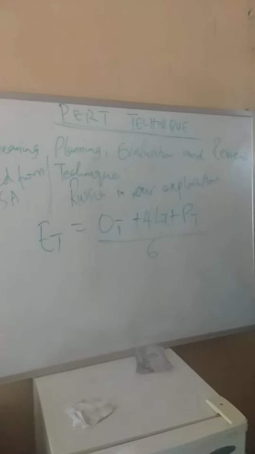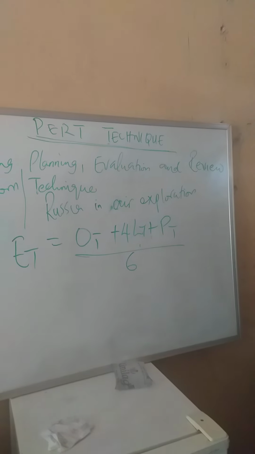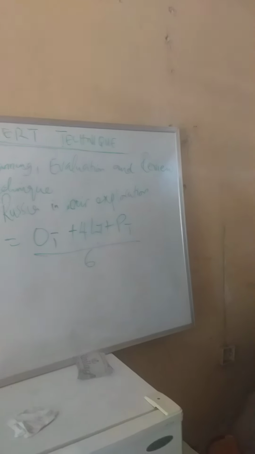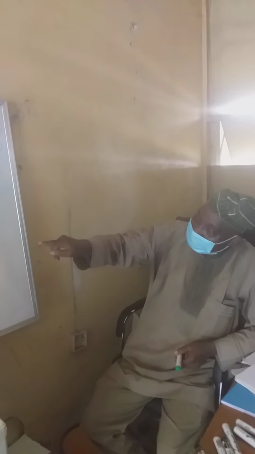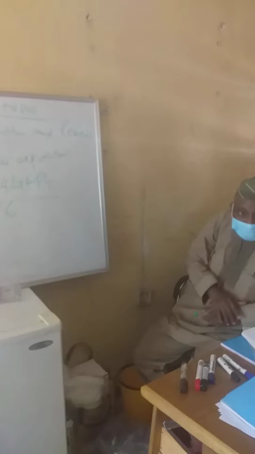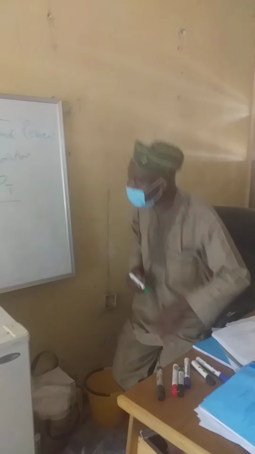From the formula itself, the expected time is given as a function of the other times. But we can still make each of the other times the subject of the formula. So maybe we can do that first.